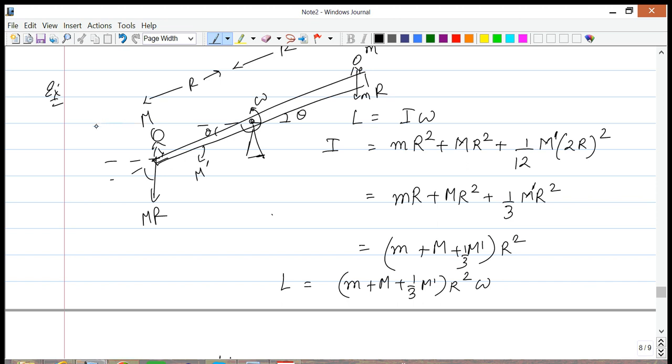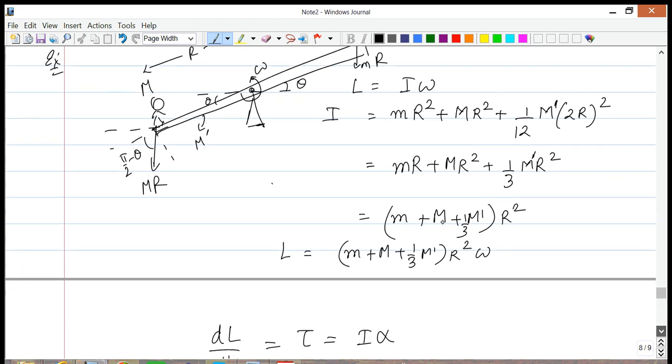The angle that the dad makes with the moment arm is going to be equal to pi over 2 minus theta. Okay, and same thing for the girl. She'll make an angle of pi over 2 minus theta as well.